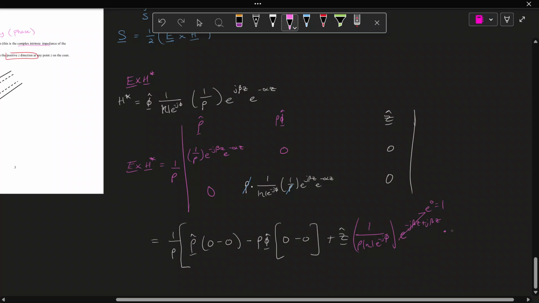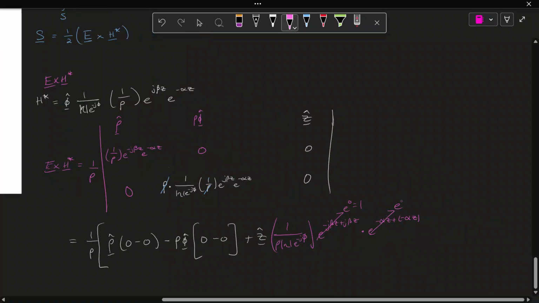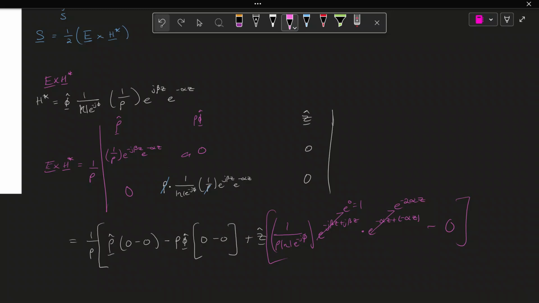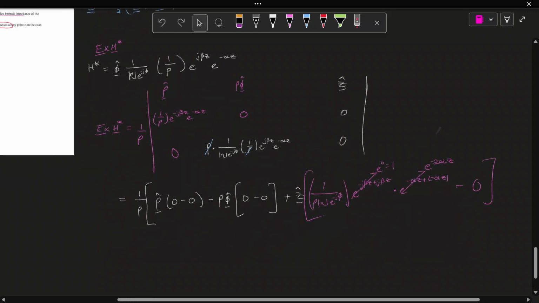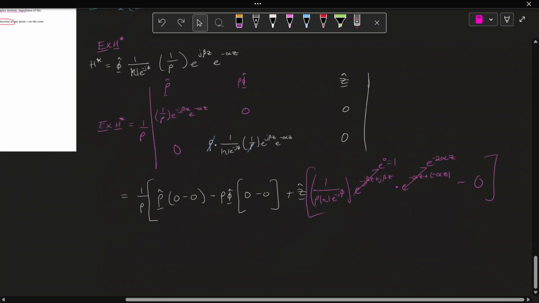Perfect. And then we have e to the negative alpha z times e to the negative alpha z. When you multiply, you have to add the exponents, and this becomes e to the negative 2 alpha z. Awesome. And then, of course, it's minus 0 because of this here, 0 times 0. All right, so that is going to be our E cross H, our cross product.